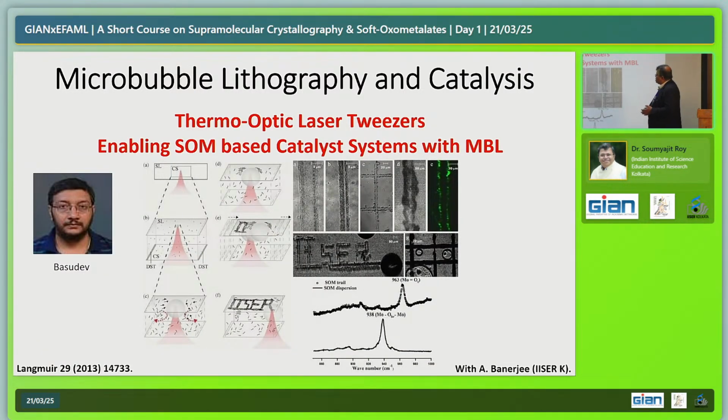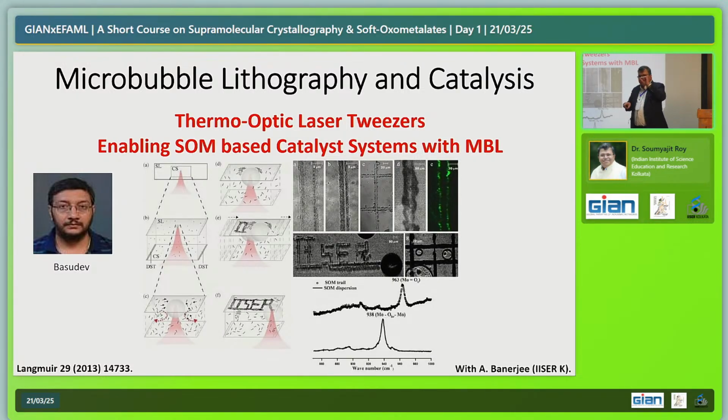Now, this work was first discovered by Basudeb Roy, who is now an assistant professor at IIT Madras. What Basudeb found when we were doing these types of works is that we were trying to trap SOMs. That's all we were trying. We were not trying anything else. In optical tweezers, we have these two Gaussian beams, within which we wanted to have the SOMs trapped.